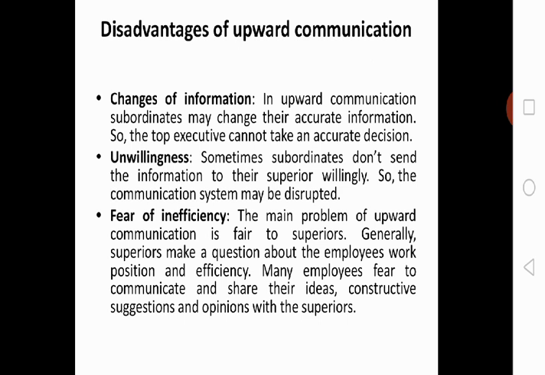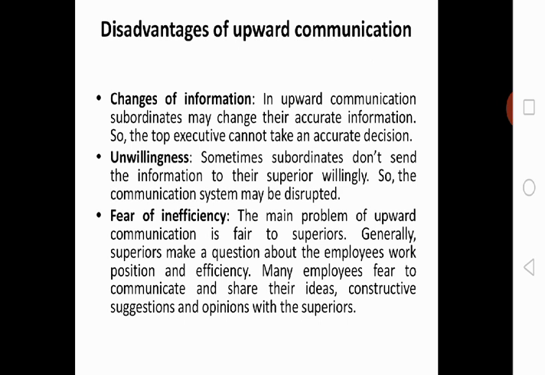If before reaching to the top level, the information passed from the subordinates to supervisors may change before reaching the next level. So if something is passed from the subordinates, and if the supervisors understood in a different way, it is passed to the next higher level in another way. So the top level executive cannot take an accurate decision.